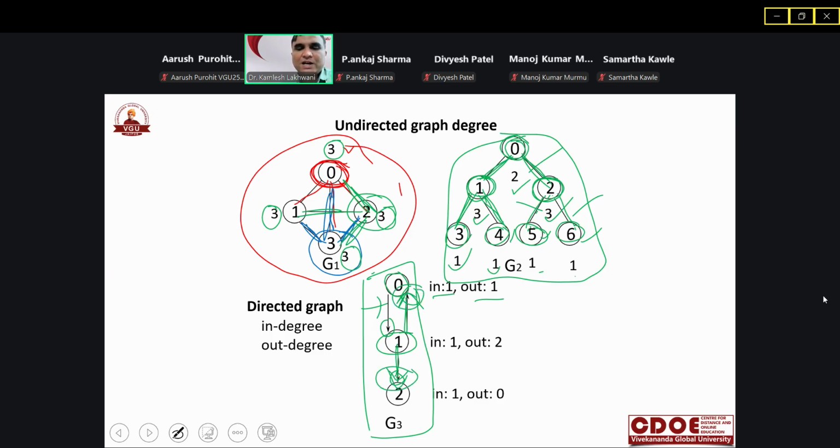So total out degree is 2, and only one edge is coming from 0, so in degree is 1. In means coming inside the node, that is called in degree. Out means the edges are going outside the node, called out degree.